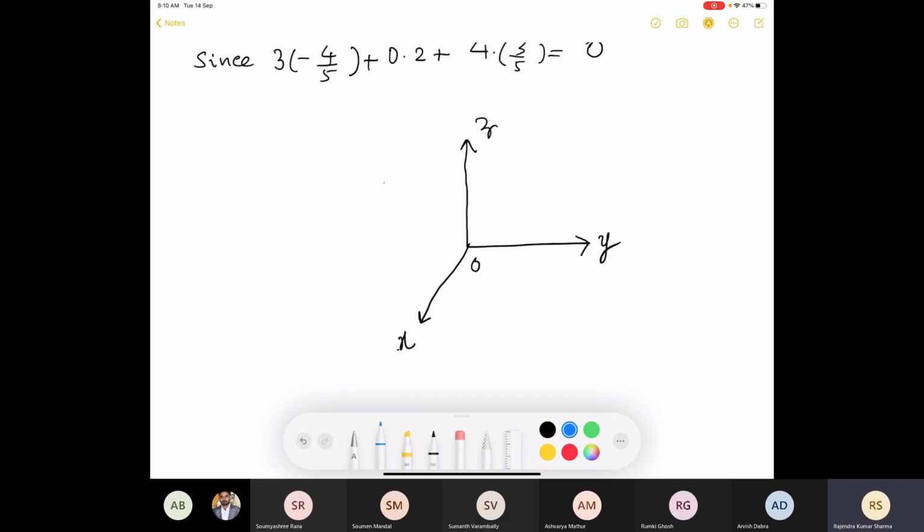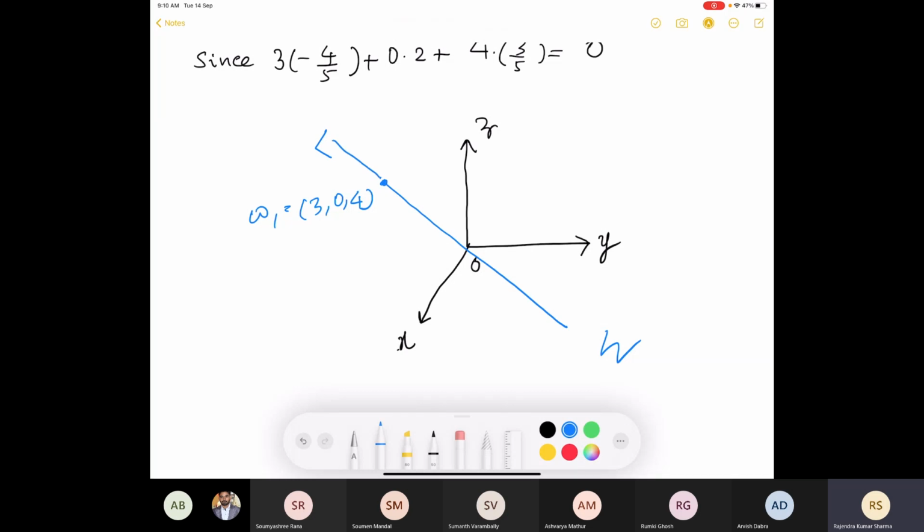We see what is L dash. So this is the line L, and this is the same as our subspace W1, defined by this. W1 is this point 3, 0, 4.